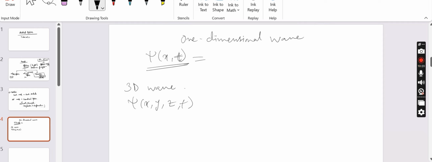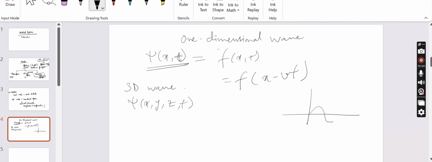The 1D wave can be described as a function of x and t, more precisely a function of x minus vt, where v is basically the velocity, and more precisely we say phase velocity, the velocity with which the phase moves.